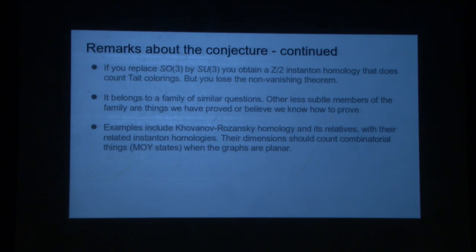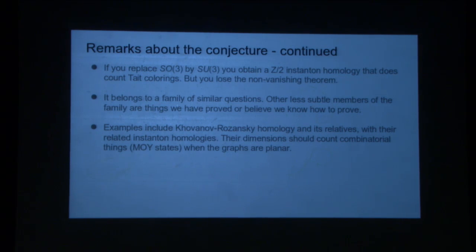For those who know what these things are, there's Khovanov-Rozansky homology, which is also an invariant of sometimes decorated trivalent graphs in R3. There are related instanton homologies that you can define using other gauge groups, SU(N), and their dimensions should count combinatorial things when the graphs are planar.